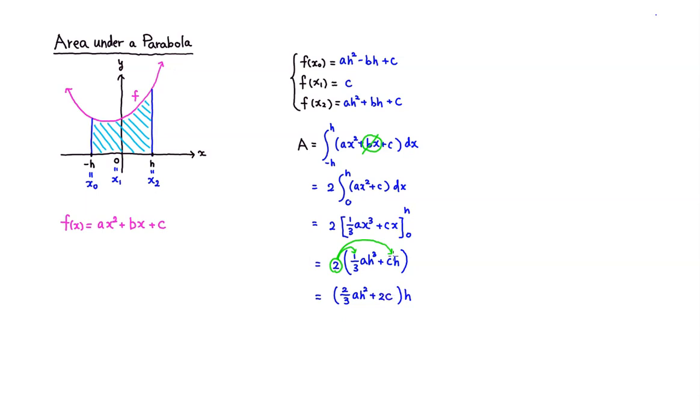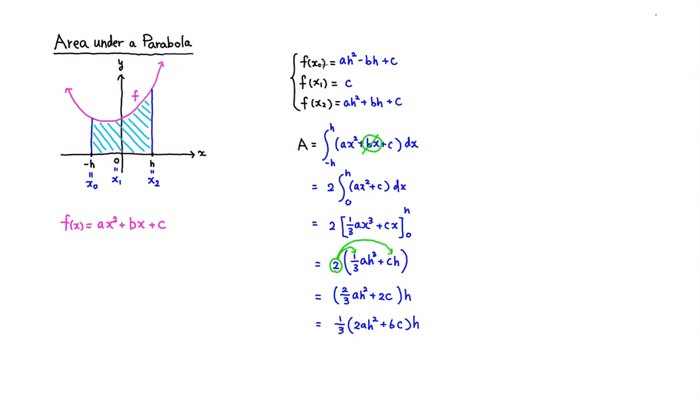And then I'll pull out the 1/3. Sorry, I should have done it before, so that I don't have to see fractions here. If you pull out 1/3, you have 2ah squared, and if you pull out 1/3 from 2c, you get 6c because you have to multiply by 3. So you have 6c times h.